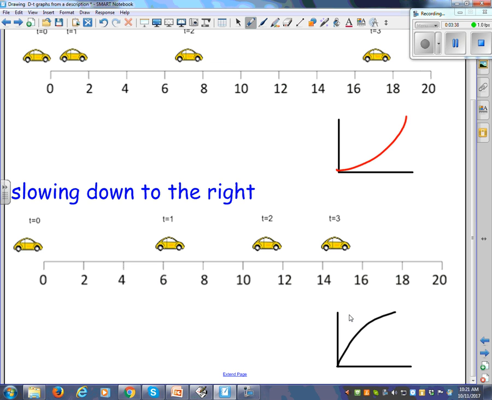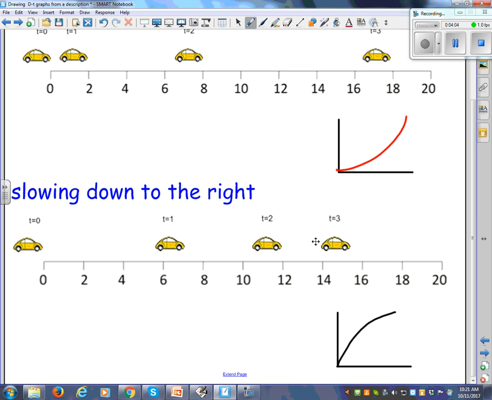Yeah? Good. Would you say that the slope of the black line there is getting flatter? Yes. Cameron, would you say that? Slope is getting flatter on the black line? Right? And the slope, again, the slope of the position time graph is the speed. And so if the slope is getting flatter, then that means that the speed is getting slower.